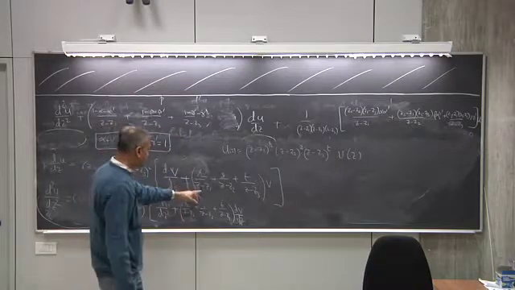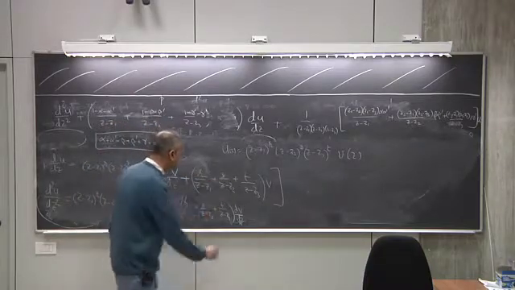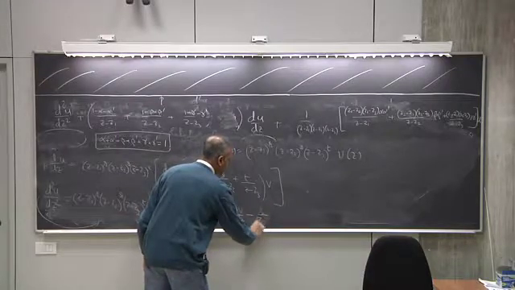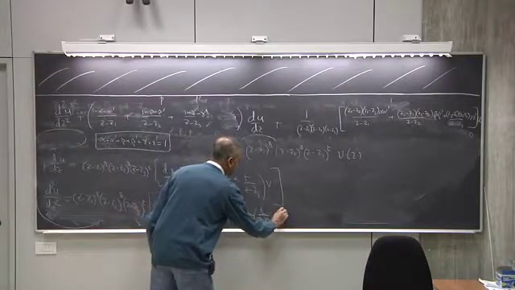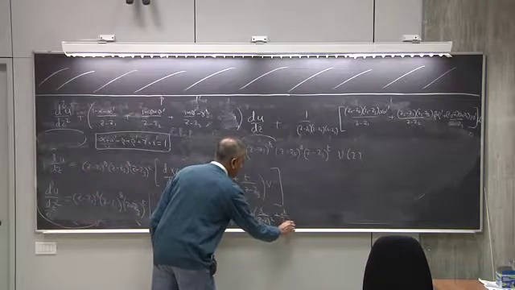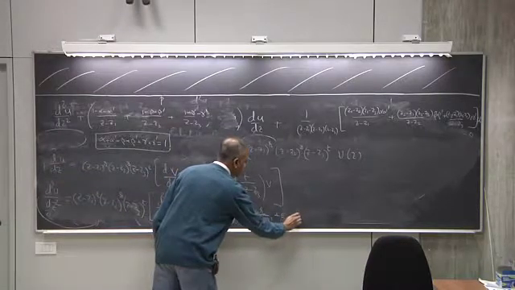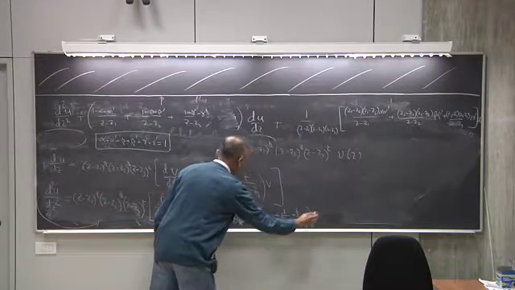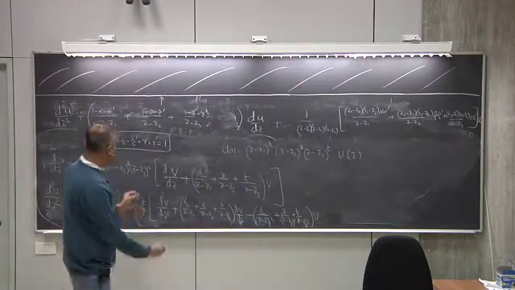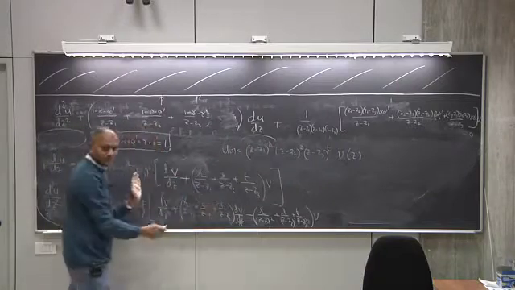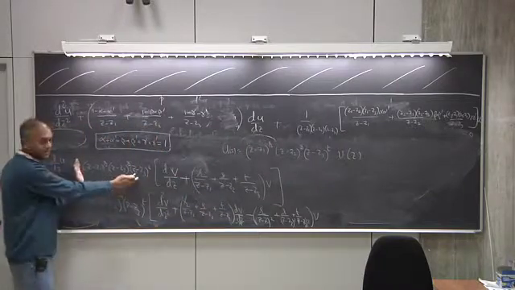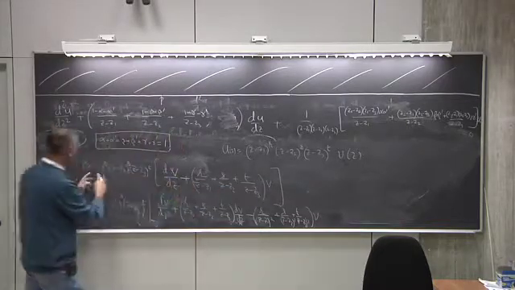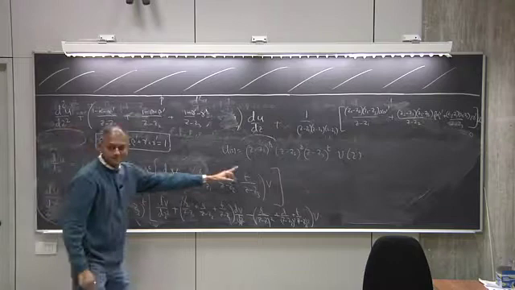And then I have the derivatives acting here. So that will be minus r divided by (z minus z1) squared plus s divided by (z minus z2) squared plus t over (z minus z3) squared, whole thing times v. Okay, so that is when the derivative is hitting here. But now when the derivative hits here, what am I going to get? It will be this whole thing times again this factor, right?